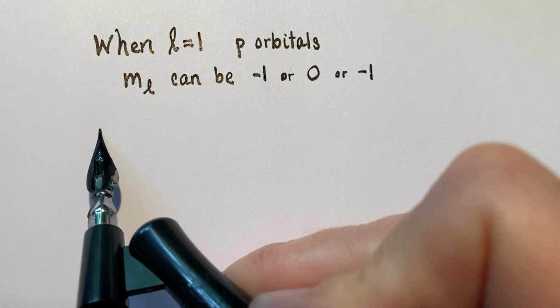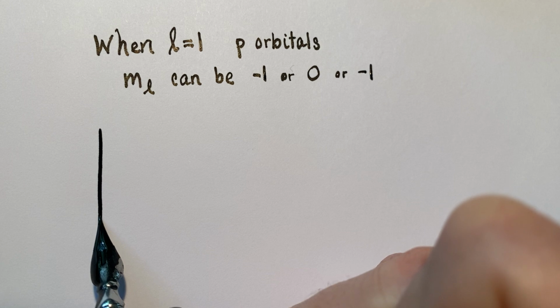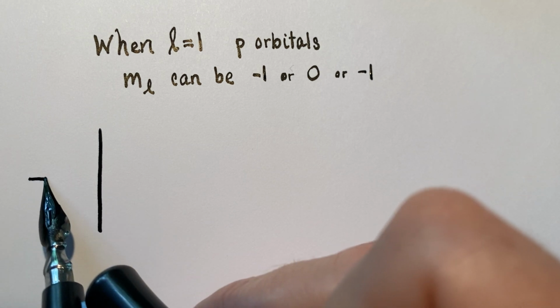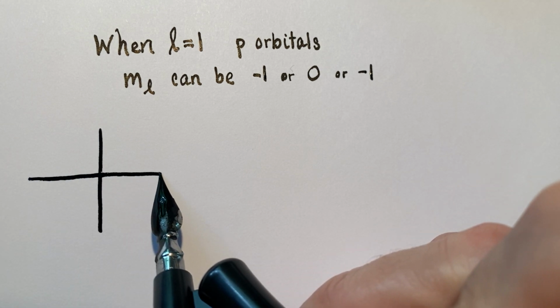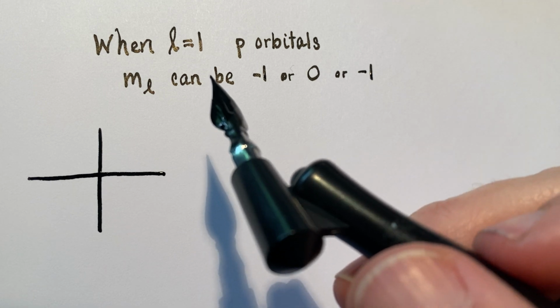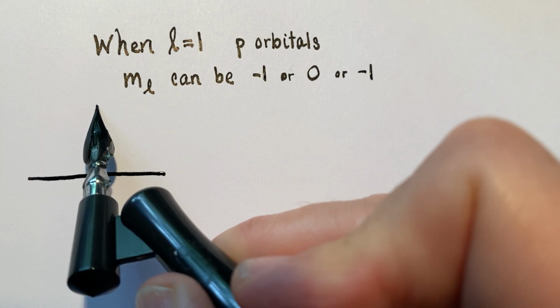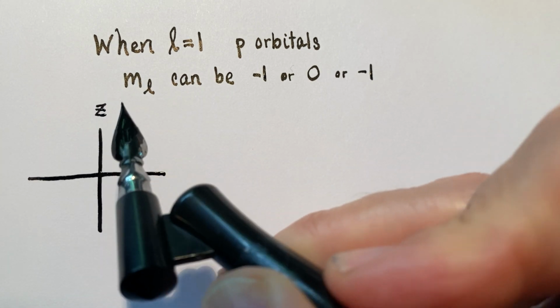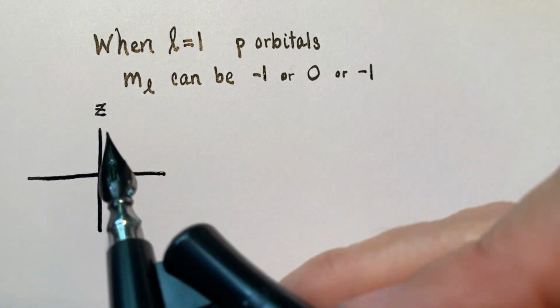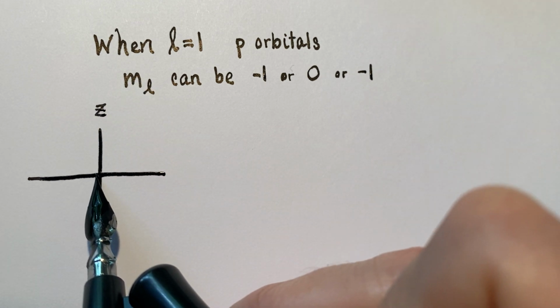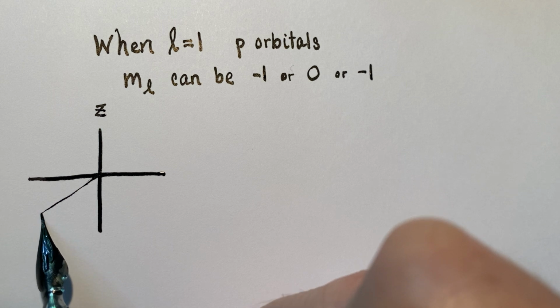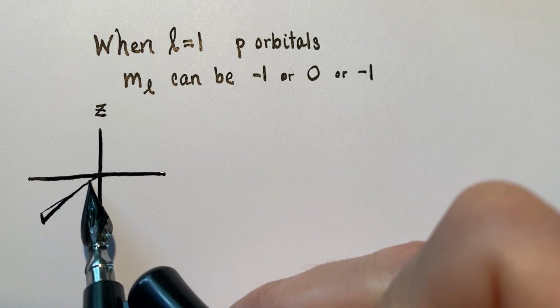So if we write out one, and let's keep the axes the same. Let's put z up top. That's fairly conventional when you do have 3 dimensions, to put the z-axis on top.